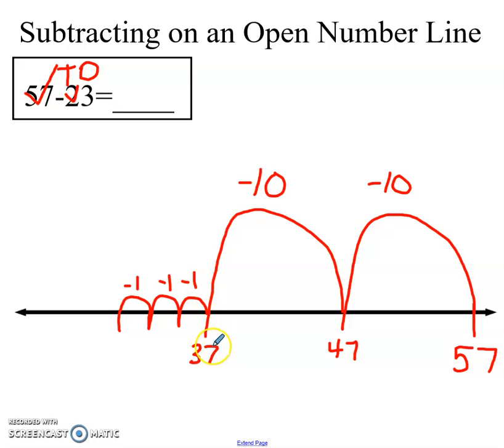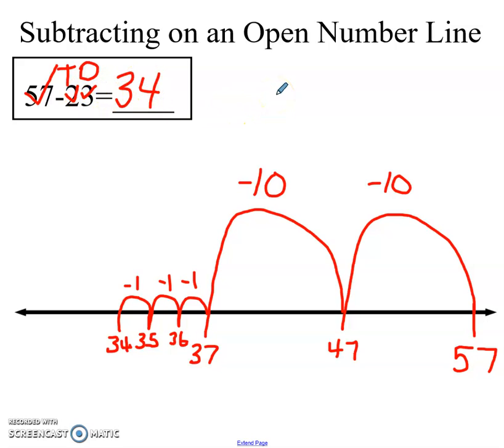All right, so 37 minus 1 is 36. 36 minus 1 is 35. And 35 minus 1 is 34. Right, so our answer is 34.